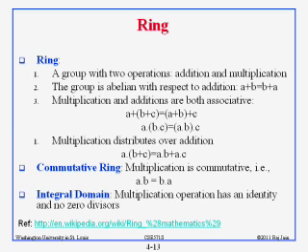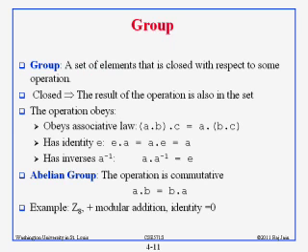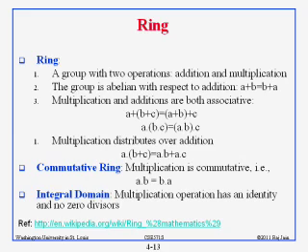So everything that we saw before, not in mod 8, but in the mod 2 arithmetic for example, that was all a ring. Those were rings, right? And then if the multiplication is commutative, then that is a commutative ring.